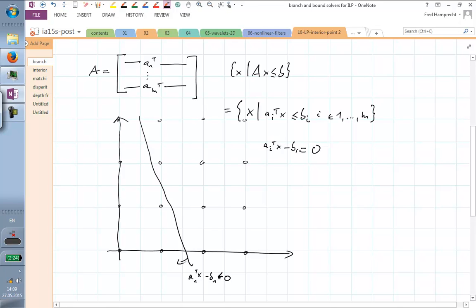This way around. Then this defines a half space, a feasible half space. So everything to the left of this line is permissible.